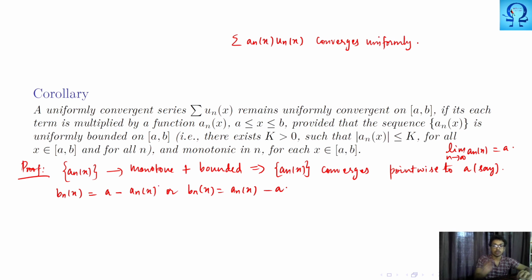So basically, we want to retain this Bn of x to be some positive valued function. Okay, now if you notice, summation Bn of x, un of x converges uniformly according to our Abel's theorem.